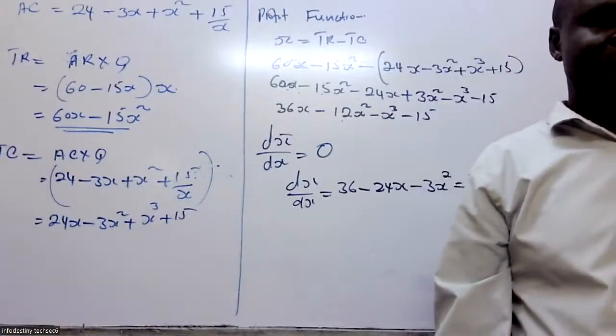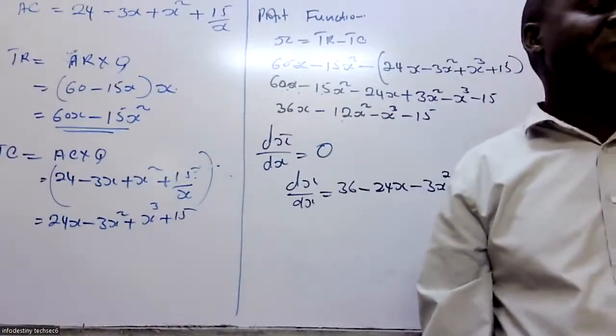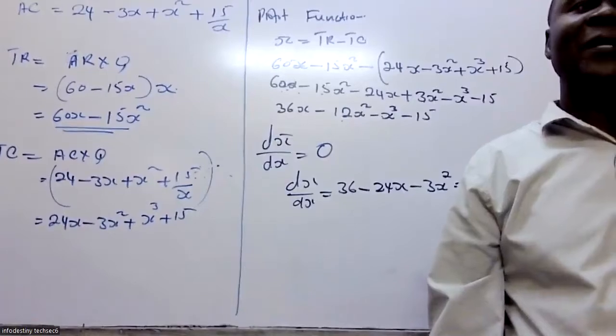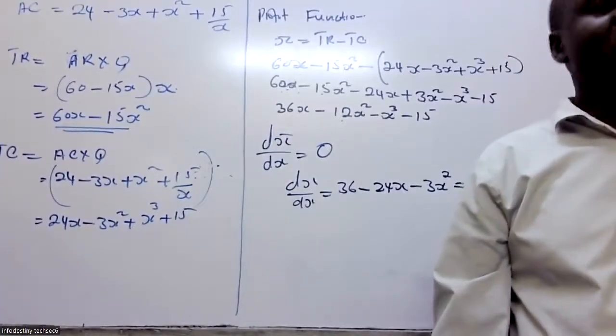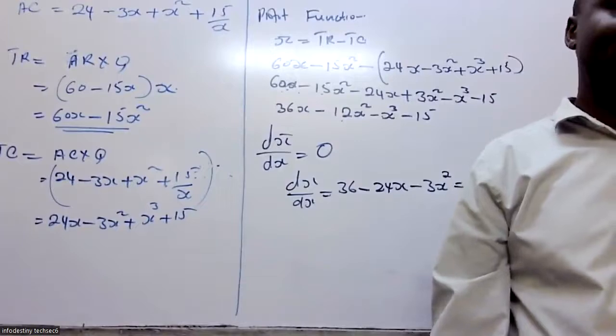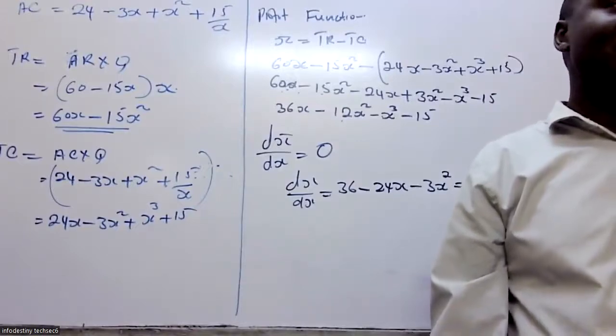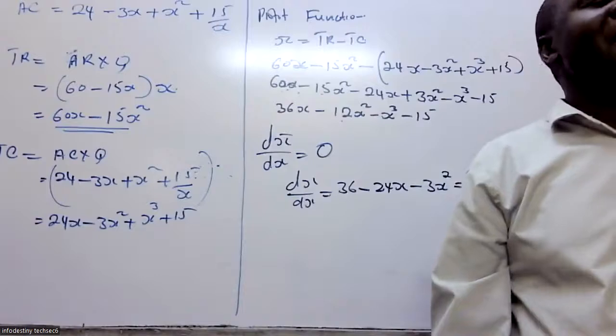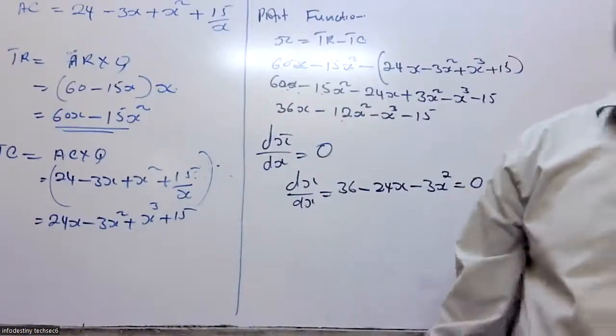We have two methods. Factorization method and, factorization method and what? Graphical method. So we have three, not two. We have factorization method, formula method, and graphical method.